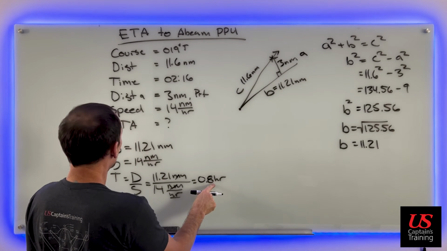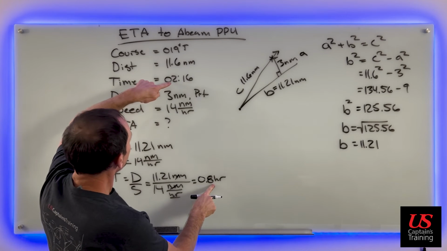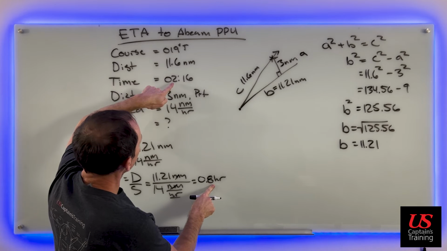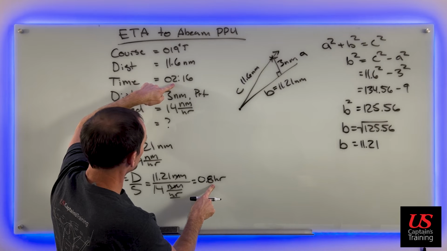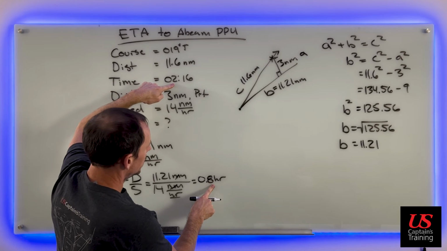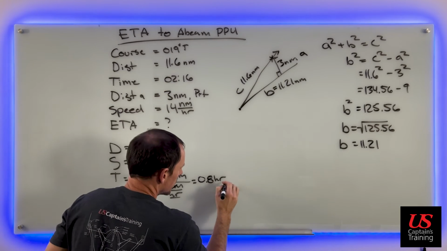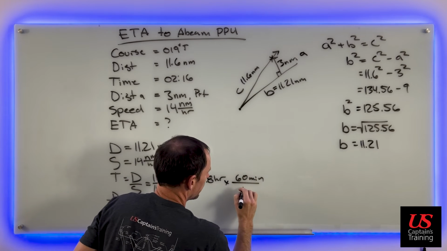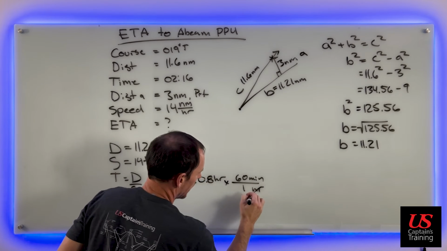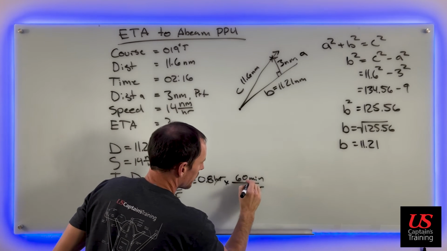We need to get these hours to minutes because we want to add it here, right? We can't add it to just hours because that would look super weird and not give us the right answer. So this needs to be in minutes. So 60 minutes per every 1 hour. These hours cancel. You're left with minutes.